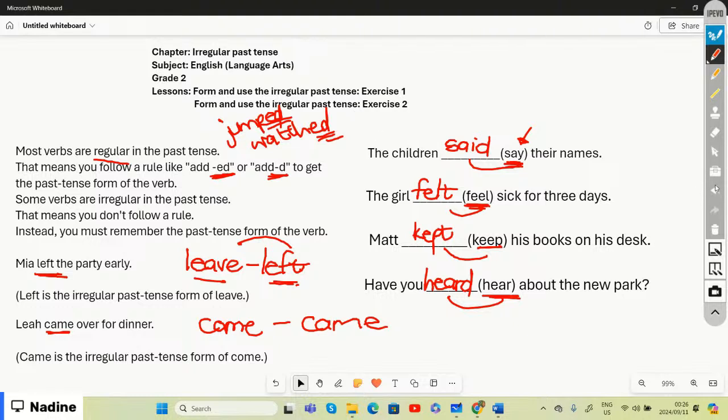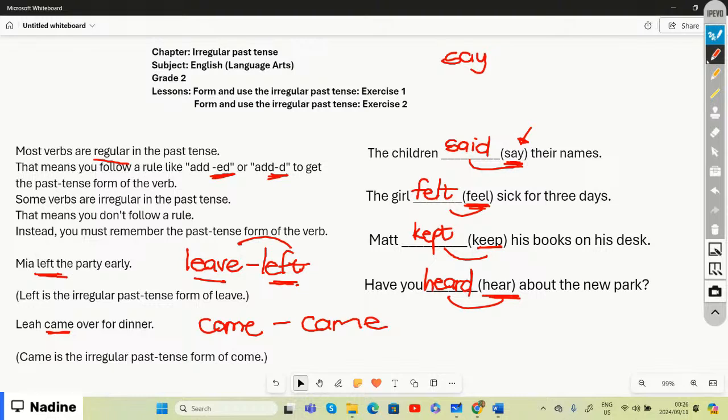But now when it comes to our irregular past tense, we don't just add a d or an ed. The wording changes, right? If we look at a few more examples of irregular past tense, for example, the children say their names.